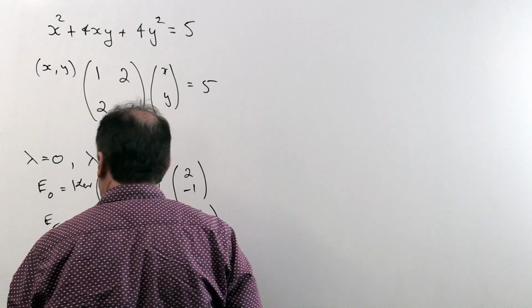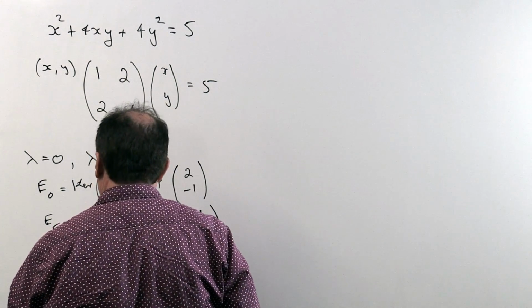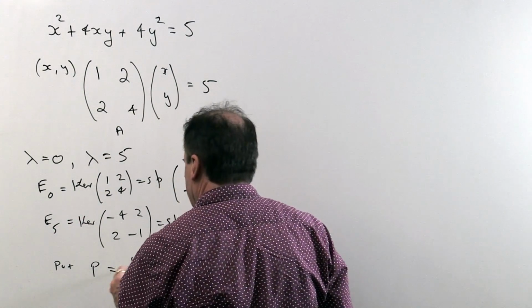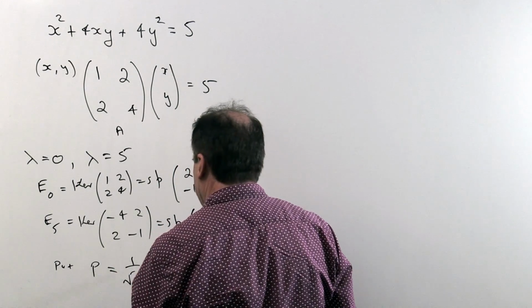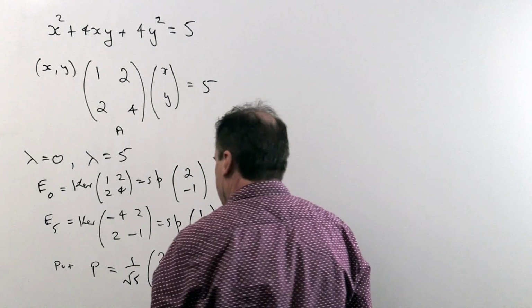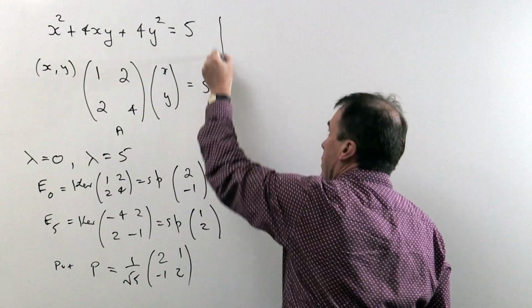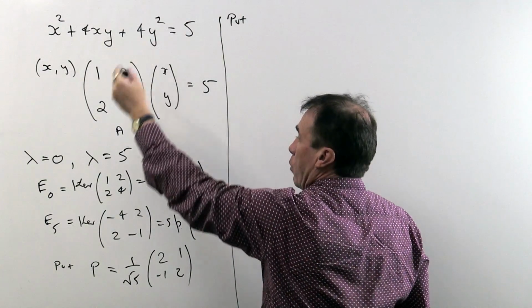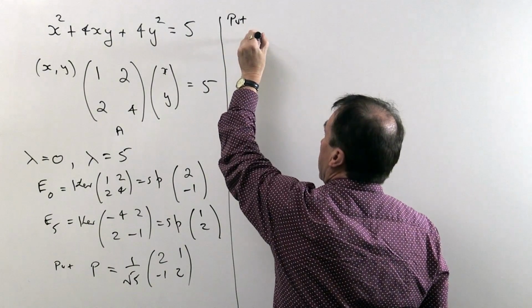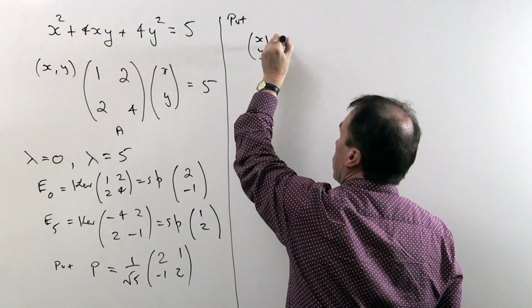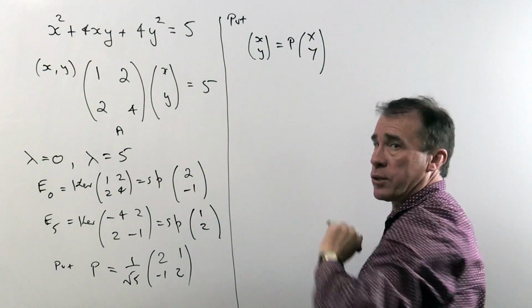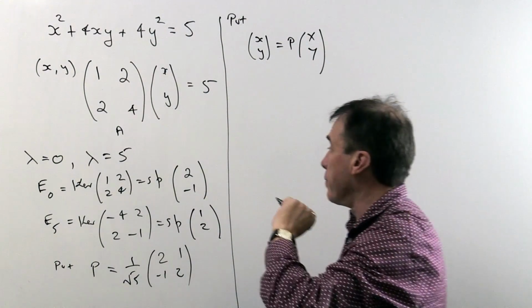So our P matrix then is the orthogonal matrix. I've got to normalise, so I'll have to divide by root 5. So there's the normalised matrix. And we make a change of variable. We're going to put little xy equal to P times capital XY, where this new system are the principal axes.